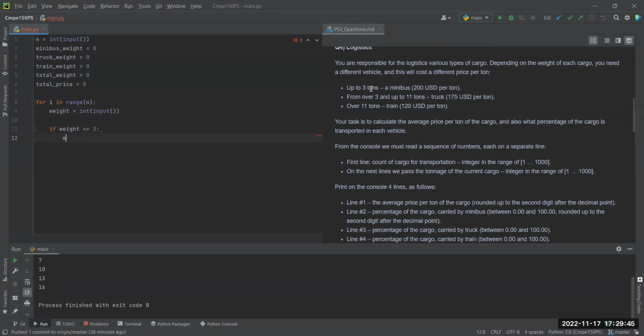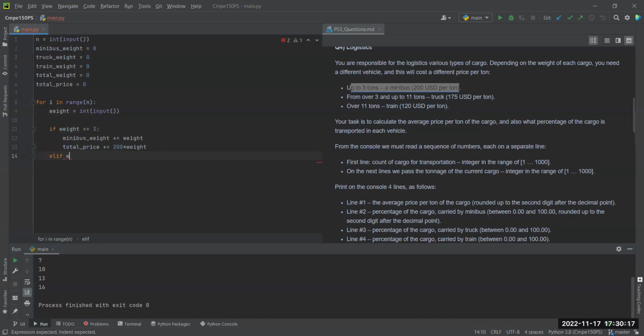So I will add the weight of this cargo to the total minibus weight portion, and then I will add something to the price, which will be $200 per ton, as you can see for the minibus. So 200 times weight should be added to the total price.